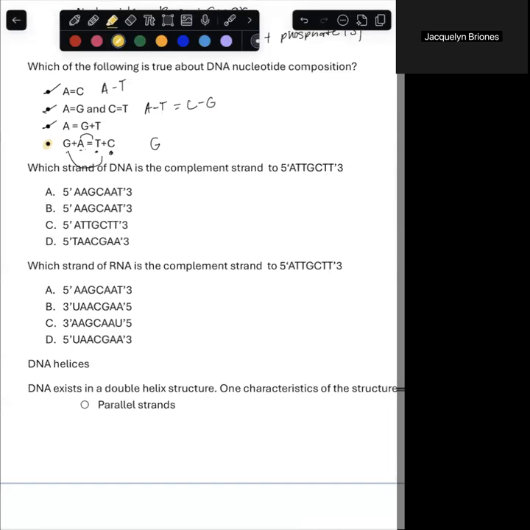Okay, what strand of DNA is a complement strand to the following? So be careful on your exam. Make sure you know the orientation of your strand that you're picking, because the complement strand is going to be the way DNA lines up.